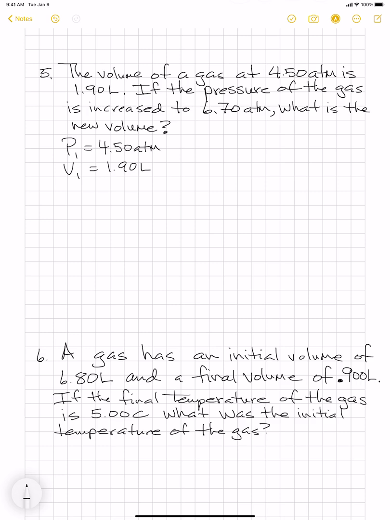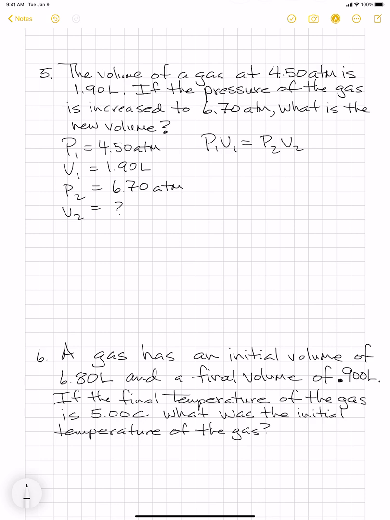Okay, and then the ending pressure is 6.70 atmospheres, and the ending volume is going to be, who knows what it's going to be, right? But we can calculate it because, once again, this is another Boyle's Law problem. You guys kind of lucked out. Boyle's Law is an easy one. So let's plug in the numbers for Boyle's Law here.